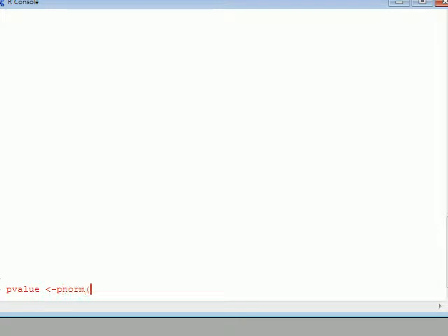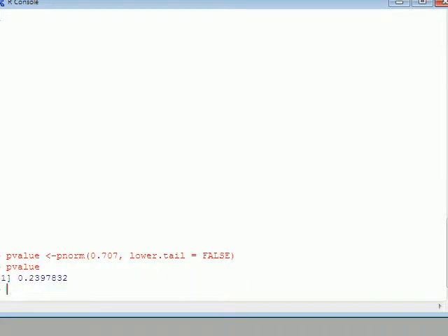So pnorm, and because I'm using z-values, I don't have to specify the standard deviation or the mean, so it's 0.707, and it's a right tail test, so I'll set lower.tail equal to FALSE. Okay, now I type this to get the p-value, which is 0.2397. Oh, that's humongous, right?